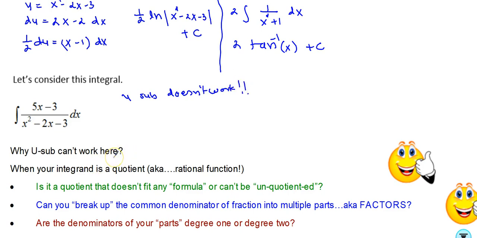Okay, so let's check if I can separate the integral, which we talked about before: 5x over x squared minus 2x minus 3 and negative 3 over x squared minus 2x minus 3. Even if I separate the integral, I still cannot use the u-substitution method. So it still does not work.